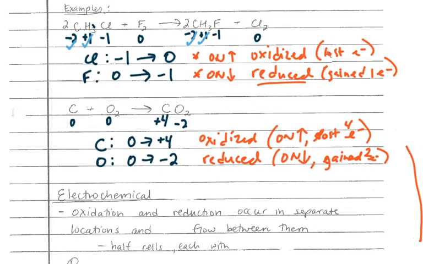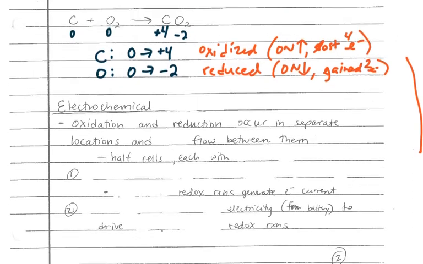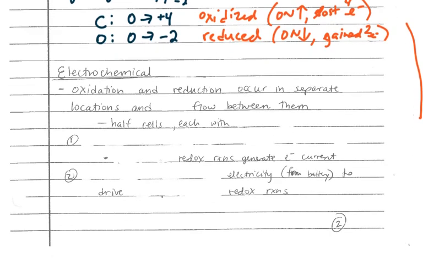So practice that in the textbook and in the Sapling homework to make sure that you can correctly label oxidation numbers and identify in a chemical reaction which species is oxidized and which species is reduced. Okay, so once you understand and you can track things becoming oxidized and reduced, we can start talking about electrochemistry.